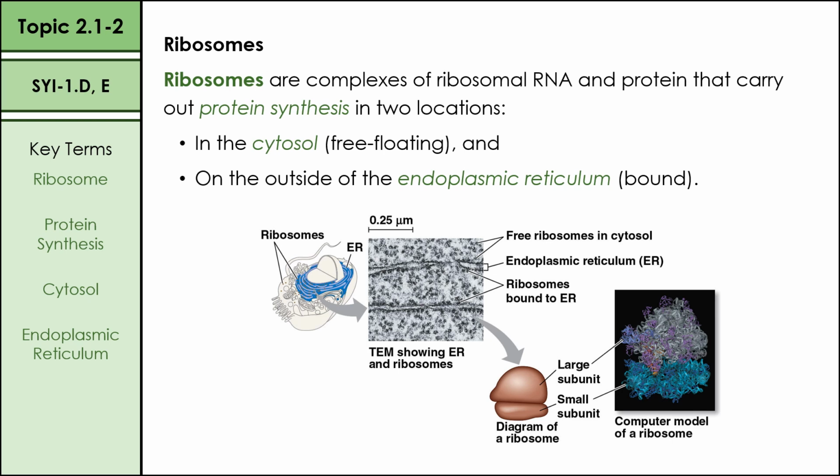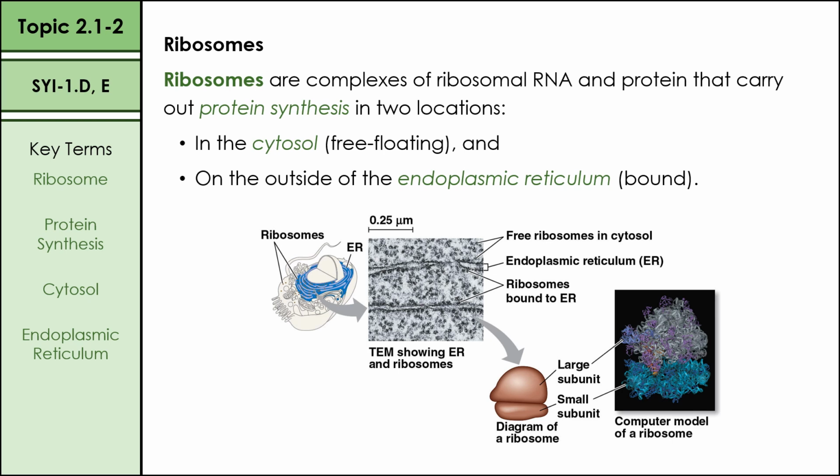So these are our protein factories. And our ribosomes can be found in two major locations within our cell. They can either be free-floating within our cytosol, or they can be bound to the outside of one of our types of endoplasmic reticulum. So that is the rough ER, where we find our ribosomes.